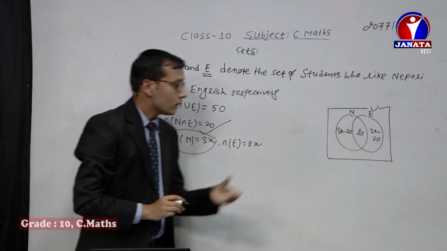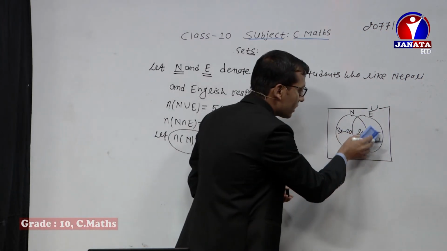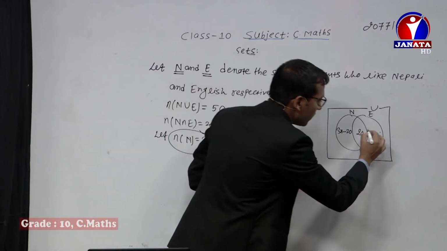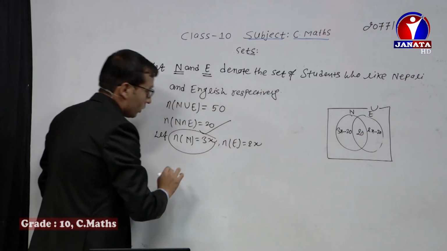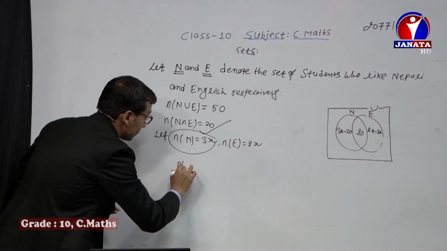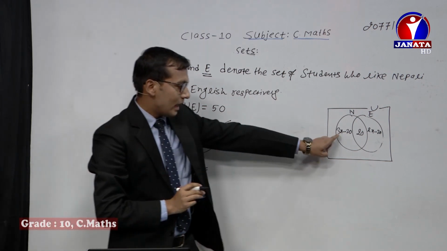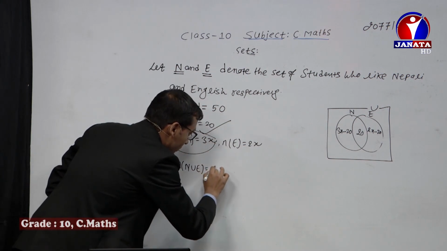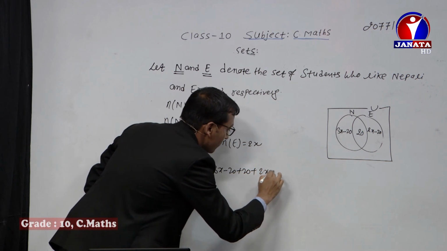Okay, so with the help of this diagram, we can solve for x. From the Venn diagram, what is n(N union E)? This is N only plus intersection plus E only. So 3x minus 20 plus 20 plus 2x minus 20.